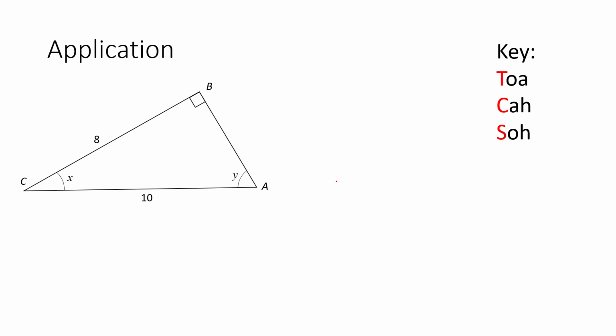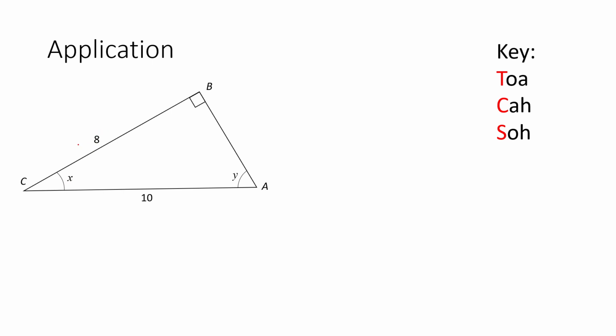The next example we have here is another triangle, and of course it must be a right angle triangle. So let's start off with finding X. To find the unknown angle, remember we must first identify what are the sides which we are given. So 8 is the side that angle X is touching.